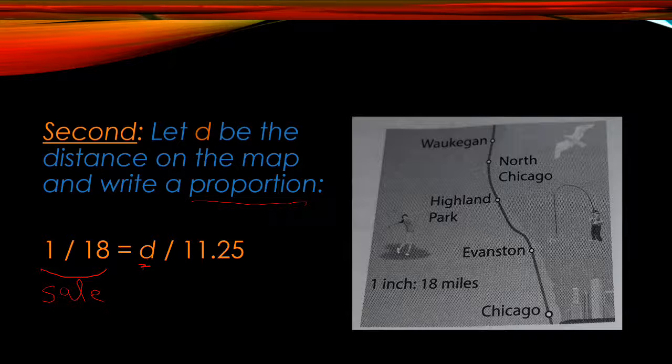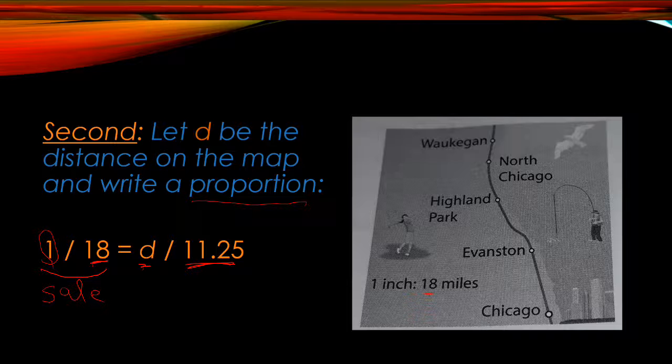Here d is the distance on the map, like the 1, and 11.25 miles is the distance in the original, like the 18. So every number corresponds to its corresponding one: 1 over 18 equals d over 11.25.